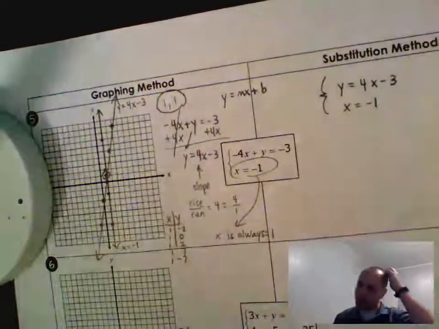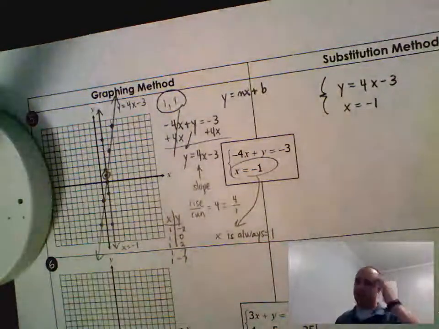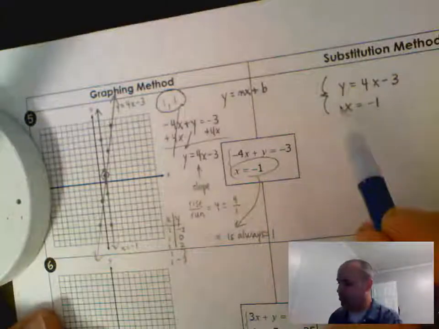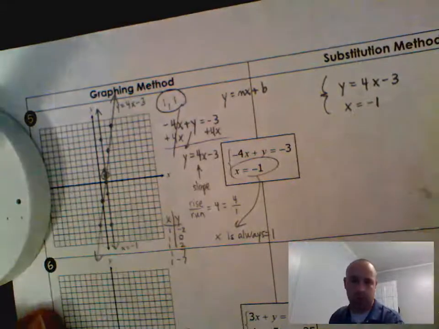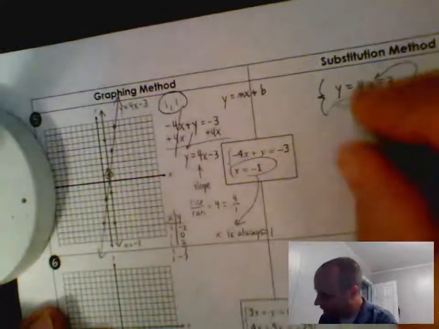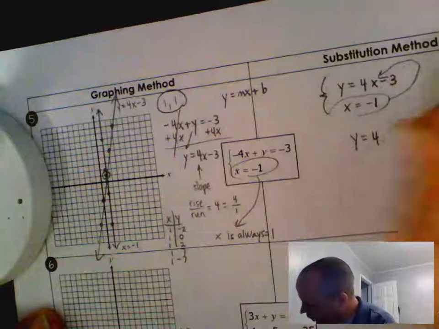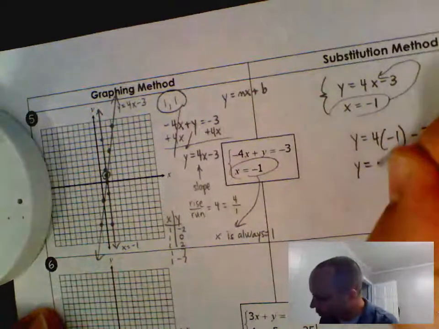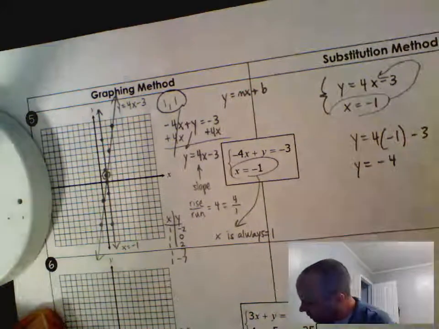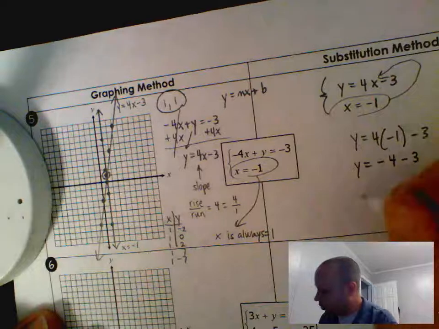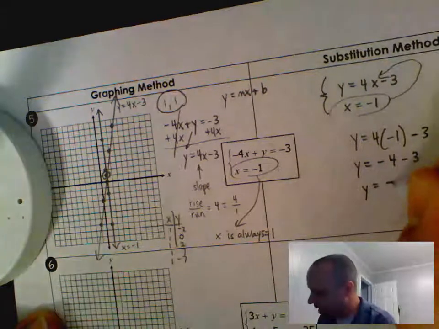Okay, and what you do on this type of problem, it's a little different. But this actually makes your life easier, because in this case, there's not two y's where you set this equal to this one. So you just take this and plug it in there, and then you have y equals 4 times negative 1 minus 3, or y equals negative 4 minus 3, or y equals negative 7.